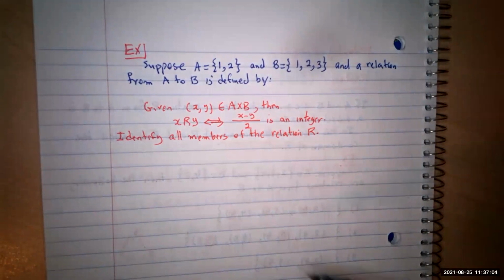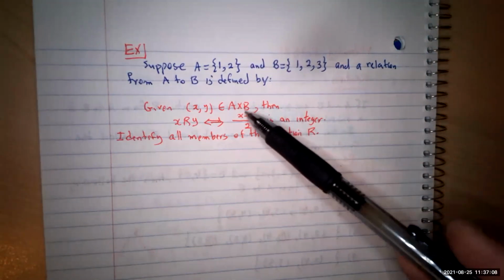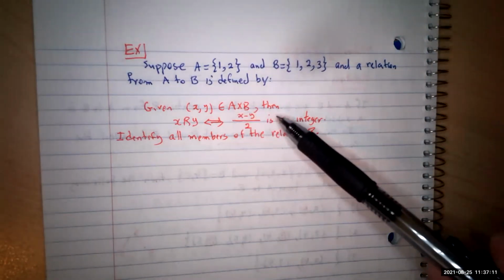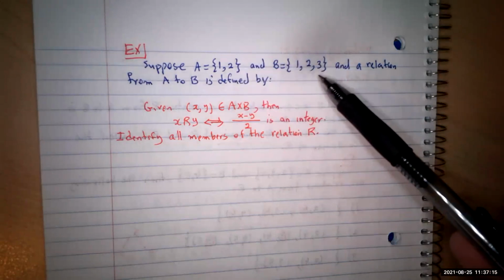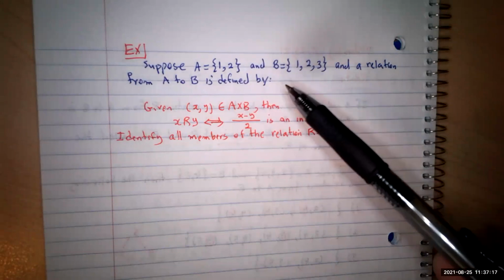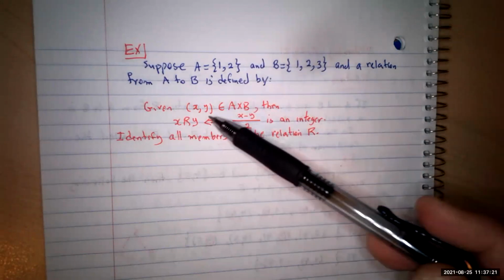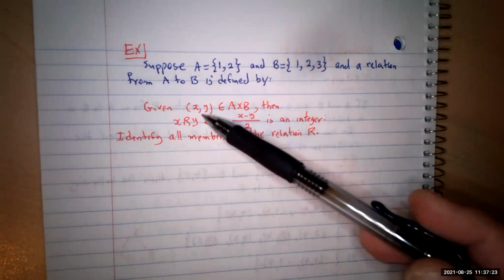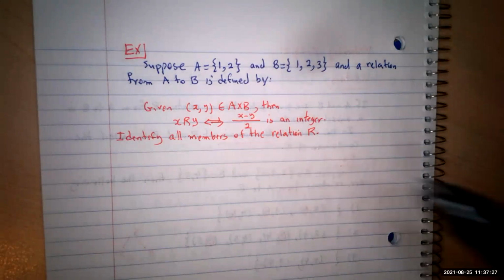Okay, so we are going to try. We are going to check. The first thing to do, we can form all the members of A cross B. A has 2 elements, B has 3 elements. So A cross B would have 6 elements. So identify all the 6 and you check them. If those ordered pairs satisfy this condition, you drop them into R. Otherwise, you ignore it.